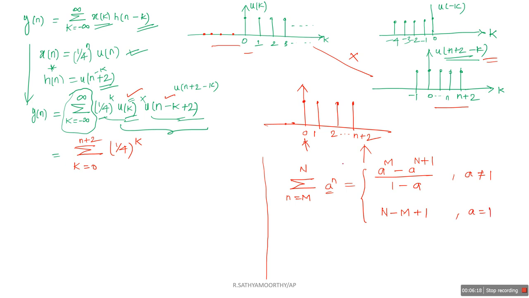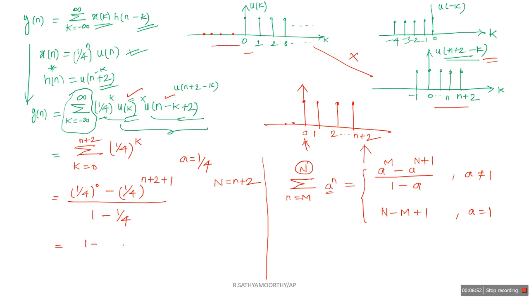If I apply the same concept here, a is not equal to 1, so I use a equals 1/4. So I use (1/4)^0 minus (1/4)^(n plus 1), where the upper limit is n plus 2, so n plus 2 plus 1, divided by 1 minus a, where a is 1/4.